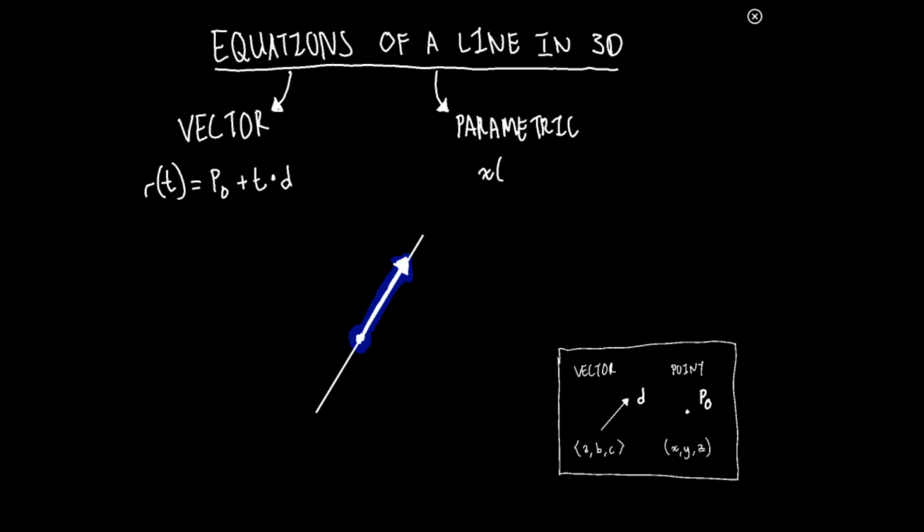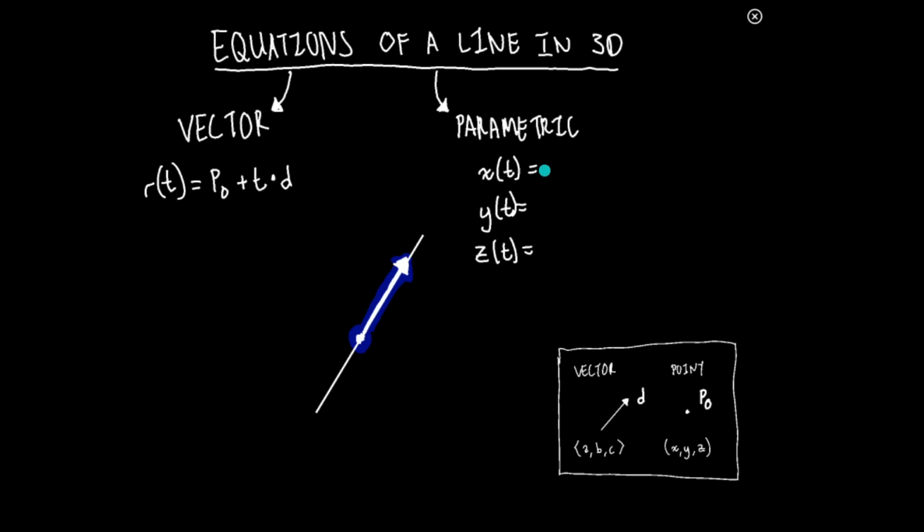So x of t equals something, y of t equals something, and z of t equals something. Same as before, we need our initial point and we need our vector. But the way in which we use them is different here as opposed to the vector equation.